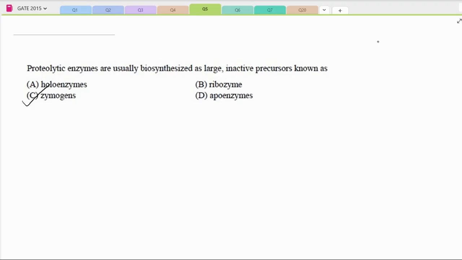So the correct answer here is zymogens, and if you remember some of your biochemistry techniques, zymogens are also used to remove the cell wall of certain cells. That is also an important way by which zymogens are used. And these proteolytic enzymes, when they are large and inactive precursors, are called zymogens. So moving on to the next question.